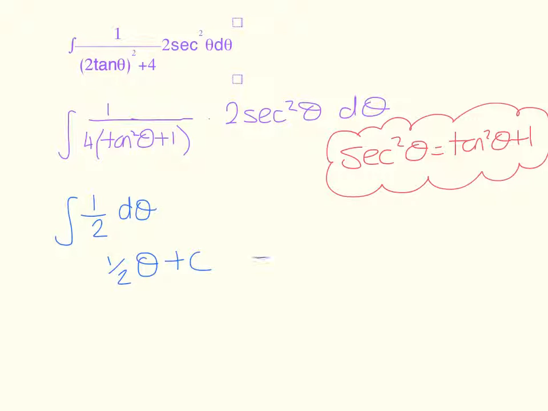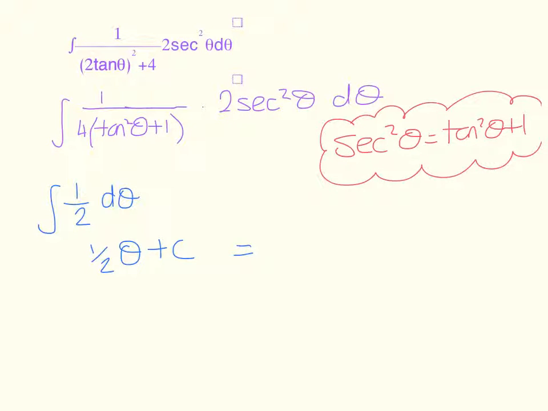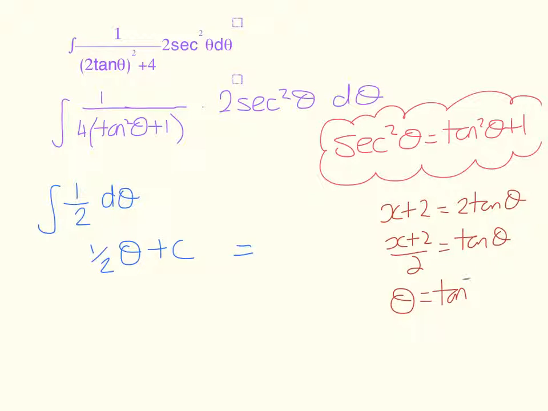and I'm going to substitute the theta back in. In order to do that I need to rearrange my original substitution. So I had x plus 2 was equal to 2 tan theta. So x plus 2 over 2 is equal to tan theta and theta is the inverse tan of x plus 2 over 2.